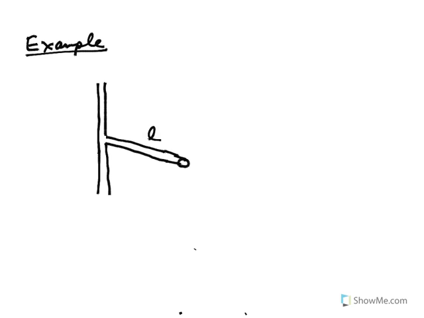This problem is set up like this. We have a shaft, and that shaft rotates about the vertical direction. Attached to the shaft is an arm, and that arm has length L. So the shaft rotates about the vertical direction with an angular velocity omega.